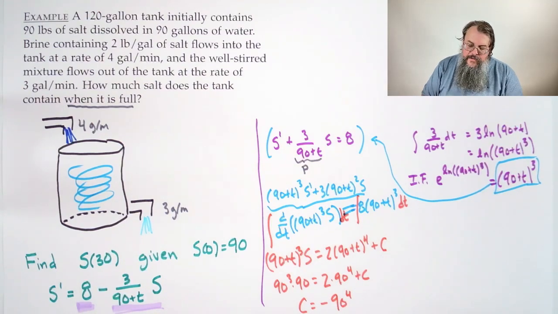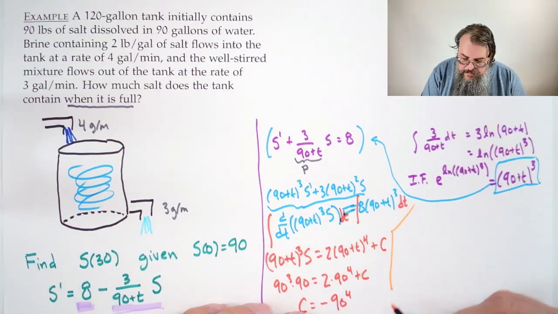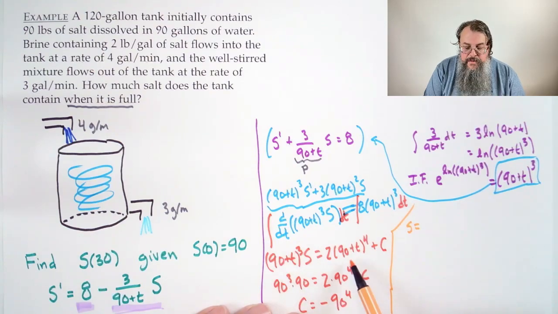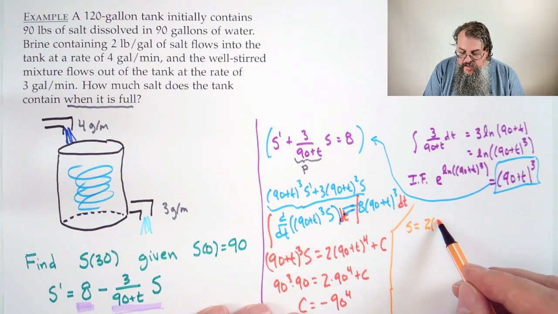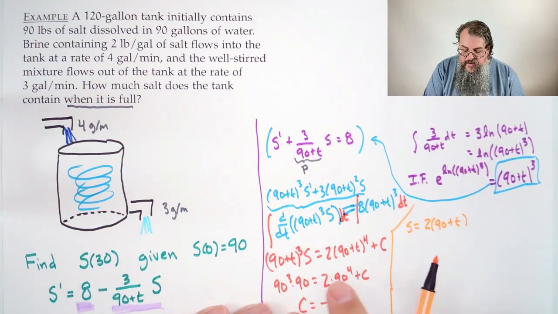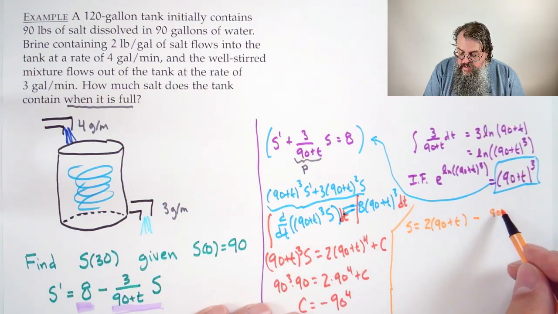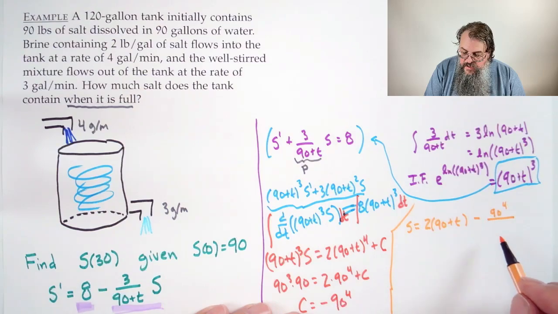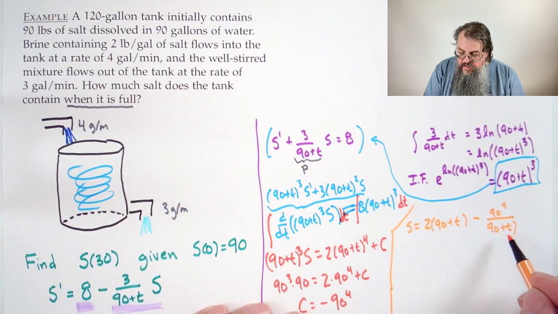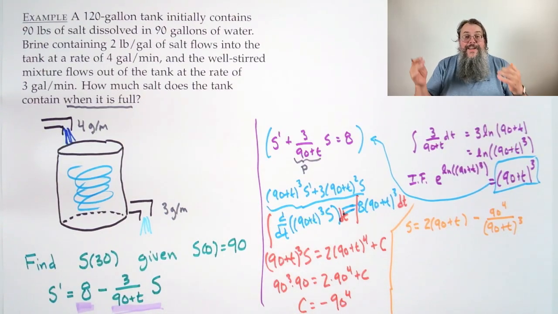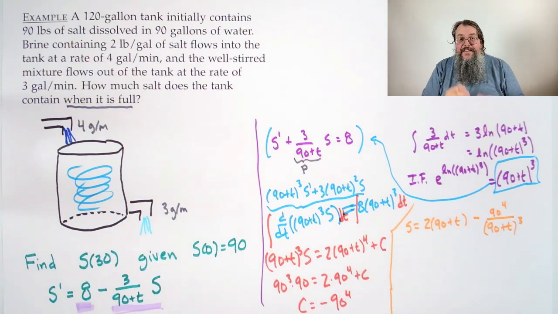So our last little bit of cleaning up here, we'll solve for s. So s, if we divide everything by 90 plus t cubed, we get 2 times 90 plus t. So that's dividing through here. And then c is minus 90 to the fourth over 90 plus t cubed. And so the last thing, now that we have how much salt there is at any given time, is to say, well, plug in our time 30.